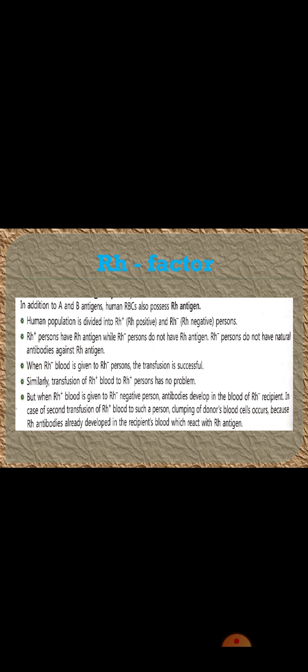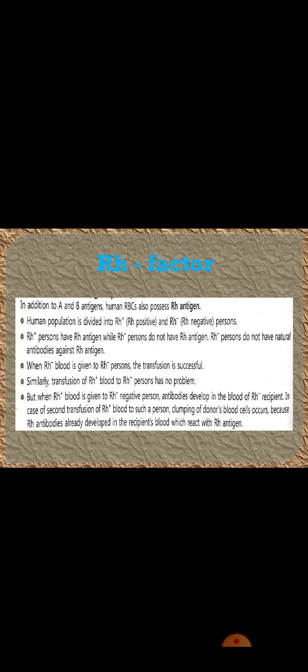Rh positive persons have the Rh antigen, while Rh negative persons do not have the Rh antigen, and Rh negative persons do not have natural antibodies against the Rh antigen. When Rh negative blood is given to an Rh negative person, the transfusion is successful. Similarly, transfusion of Rh positive blood to an Rh positive person has no problem.